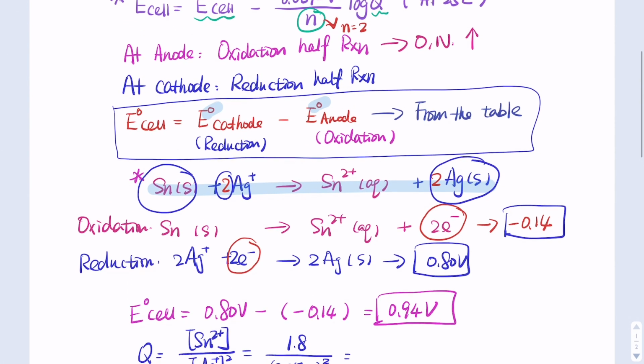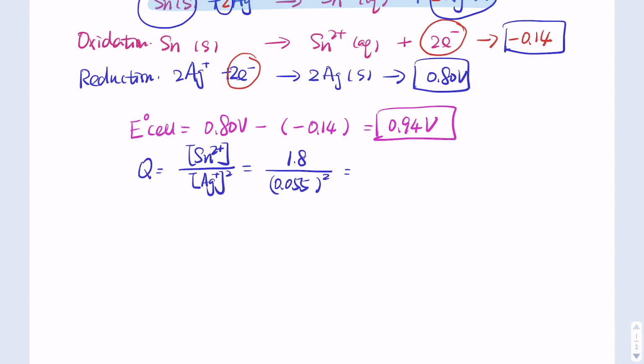Now I'm going to put everything into our Nernst equation. So E cell equals the standard E cell, which is 0.94 volts, minus, with n equals 2, which we figured out from balancing the equation, 0.0592 over n, times the base-10 log of this Q. Let's calculate this Q real quick.